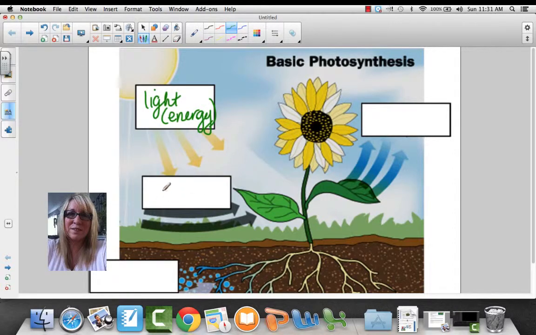And plants take in CO2 or carbon dioxide, and they also take in water from their roots, and they produce or release oxygen. And they also make sugar. We'll talk about that later.